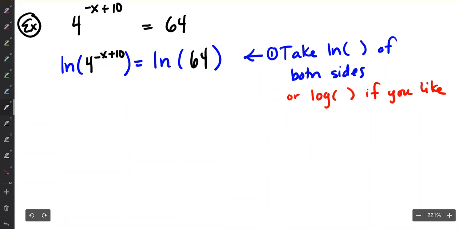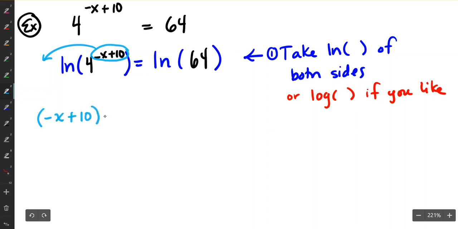Step 2 is going to be to use the power property, and we're going to take this whole exponent down in front using our power property. Because that has two terms, I need parentheses.